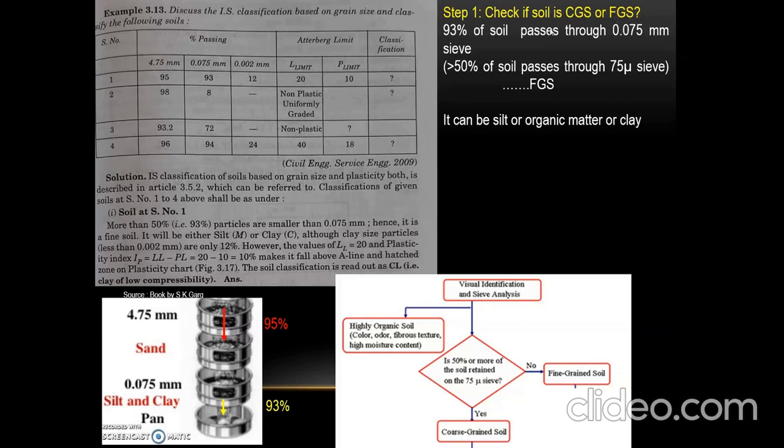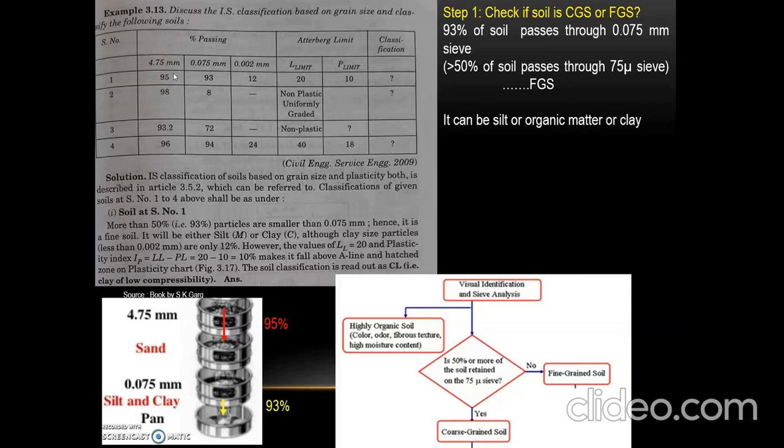To check this, we refer to this flow chart, wherein it is mentioned that if 50% or more of the soil is retained on 75 micron sieve, then it is coarse grained soil, otherwise it is classified as fine grained soil.